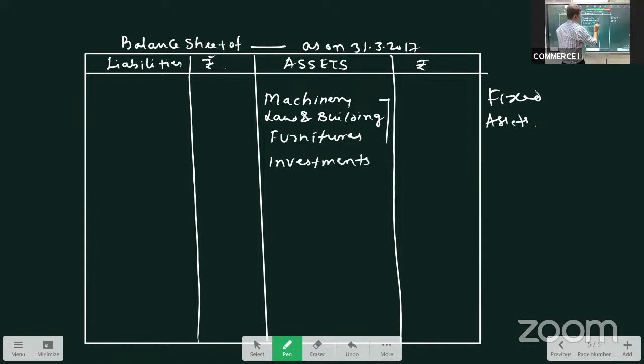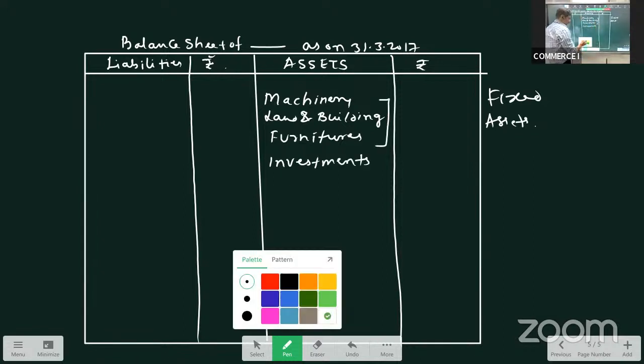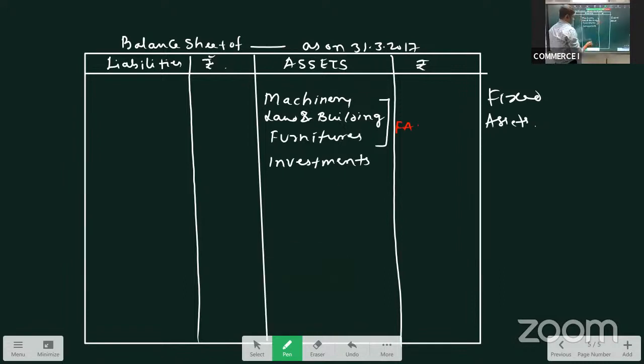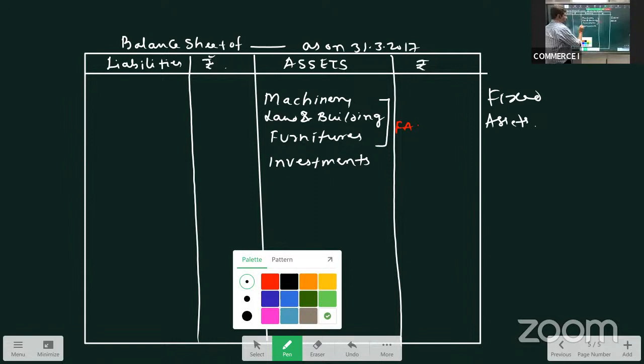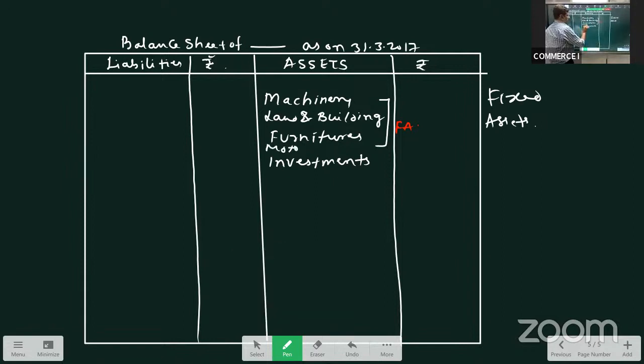These are all fixed assets. You can also take motor van, motor car, many more items will come. Then we have investments.